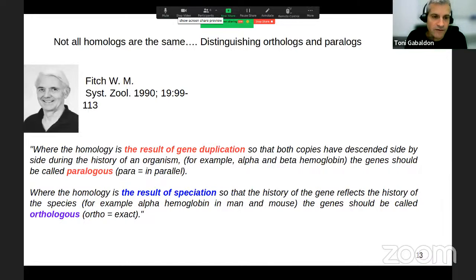So he called the first case paralogs, like in parallel, and the second case he referred to as orthologs, from ortho, exact. So these are the two definitions of orthology and paralogy.